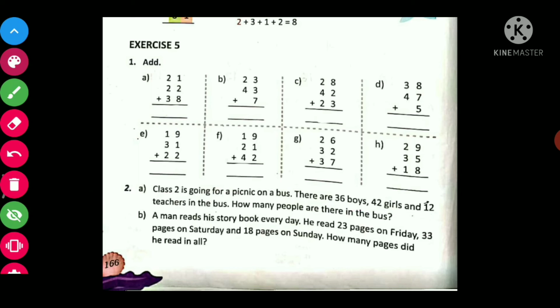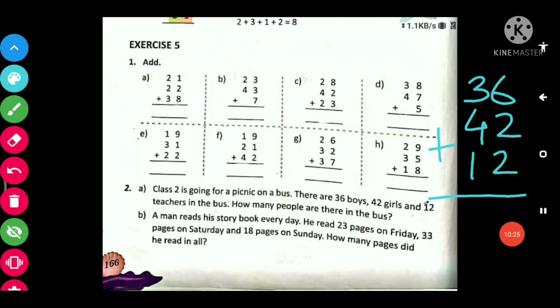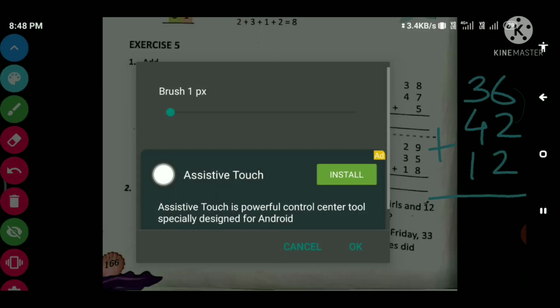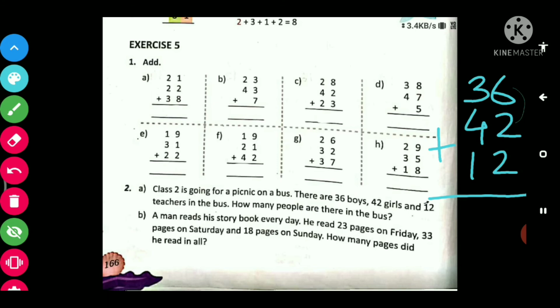So now we'll find out. Okay, now see, 36 boys are there, 42 girls are there, and 12 teachers are there. So now we'll find out the total of this one. So 6 plus 2, it will be how much? 8. 8 plus 2, it will be 10, right?